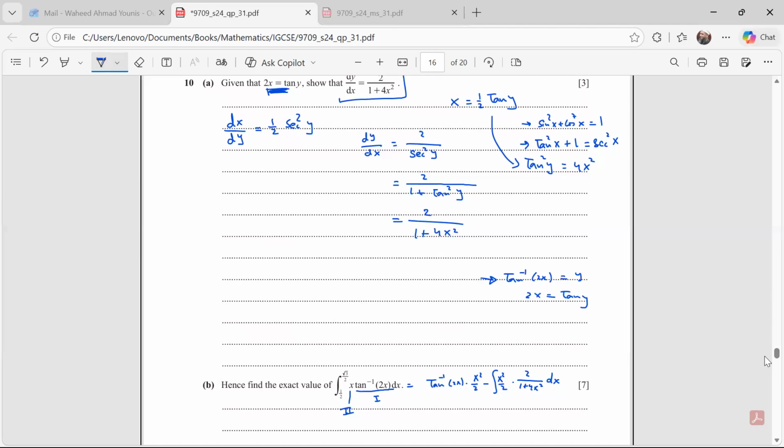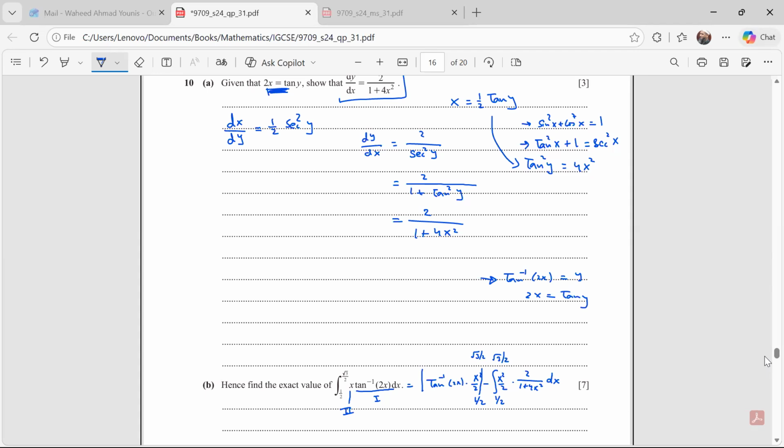And this will have limits, of course. This part has limits 1 by 2 to root 3 by 2, and this also has the same limits, 1 by 2 to root 3 by 2.